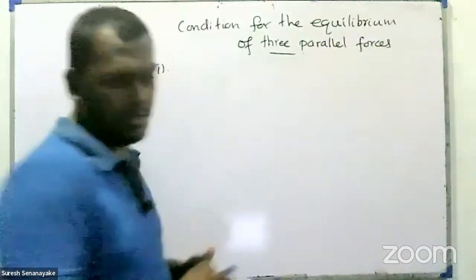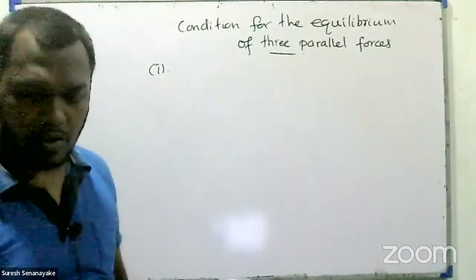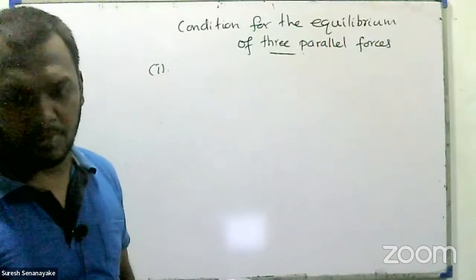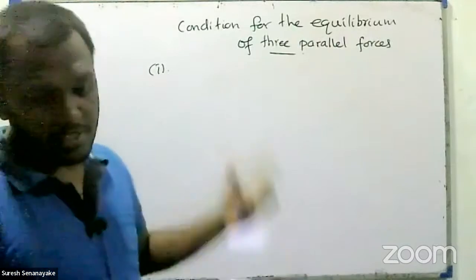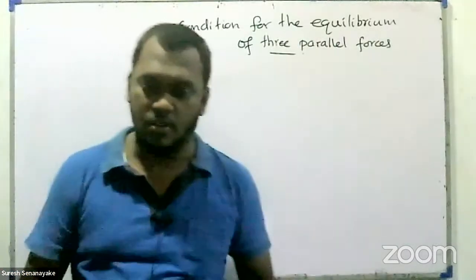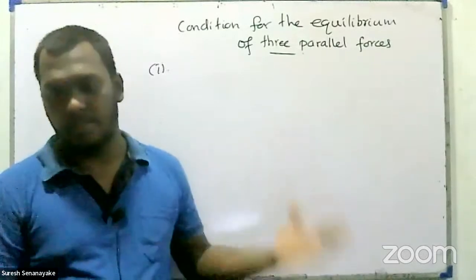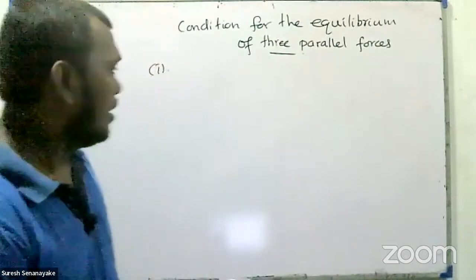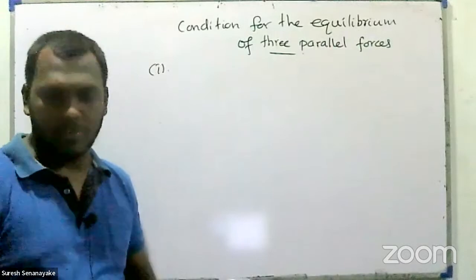Three parallel forces means three forces which are also coplanar. They should be in the same plane. If the body is in equilibrium and only these three forces act on it, those three forces should be in the same plane. That means coplanar. The algebraic sum of forces in one direction should be equal to the algebraic sum of forces in the other direction.